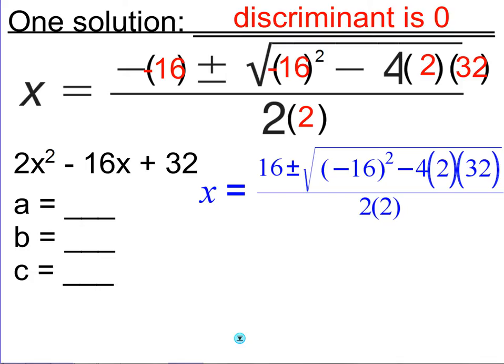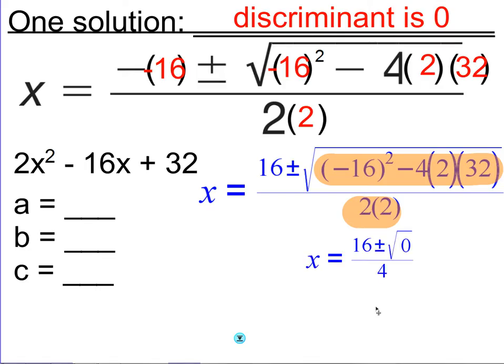So we would simplify this part. I always have you guys do it on the calculator because it's faster and easier, but you can simplify it by hand as well. And we're also simplifying the denominator. And when I type all that in, I get a 0 under the radical.